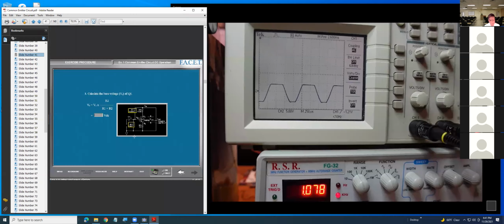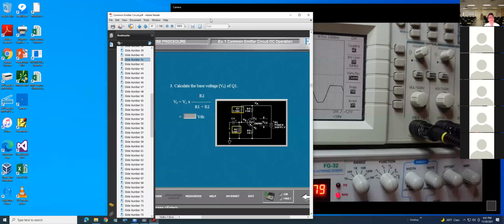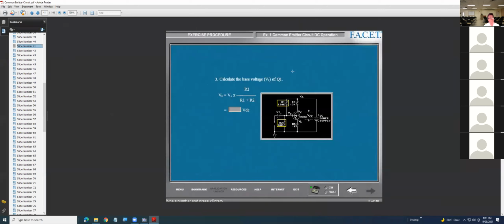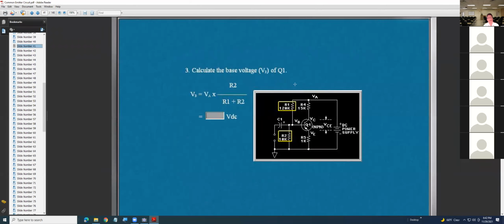And then they want to measure the V. We don't need the scope anymore, so that will make it easy for you guys to see. And now they want to measure VB. Just a measure.